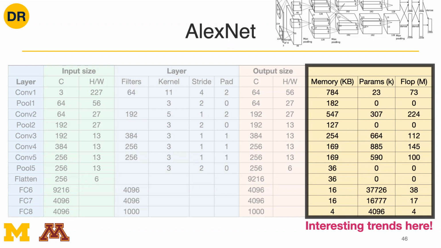If you look at the parameters, on the other hand, they are increasing, and they are very high when it comes to the fully connected layers. Parameters are basically the filter sizes, right? And initially, the filter sizes are determined by your designer, of course. For instance, convolution 2 has a higher number of parameters, but the bigger difference is between the convolution layer and the fully connected layer.